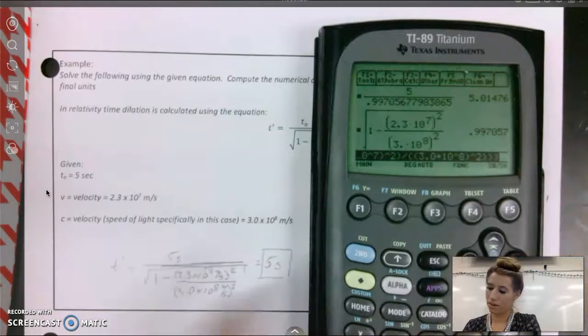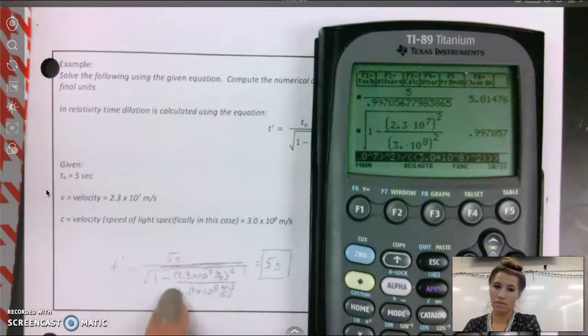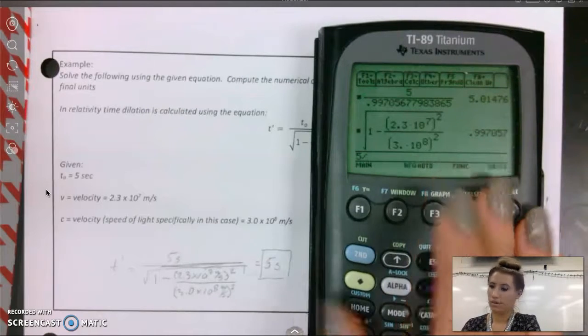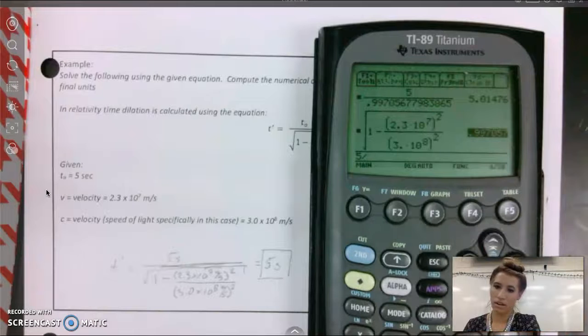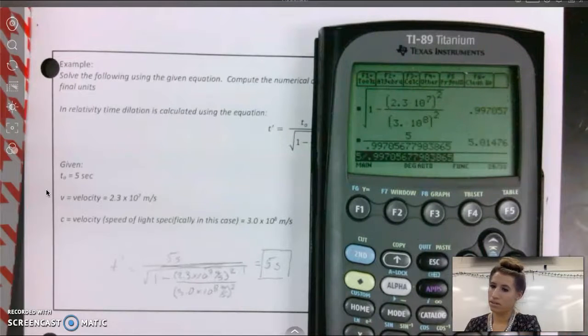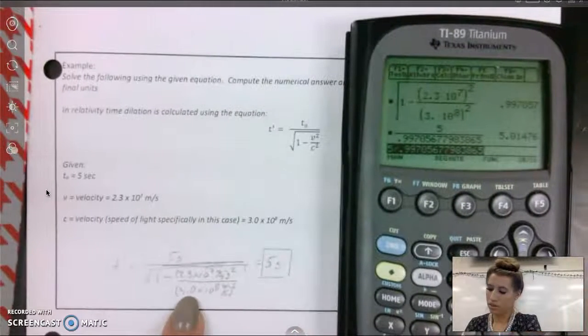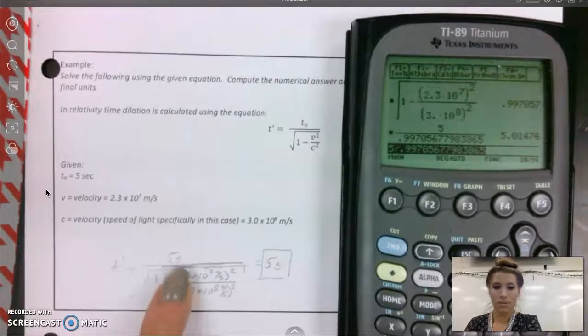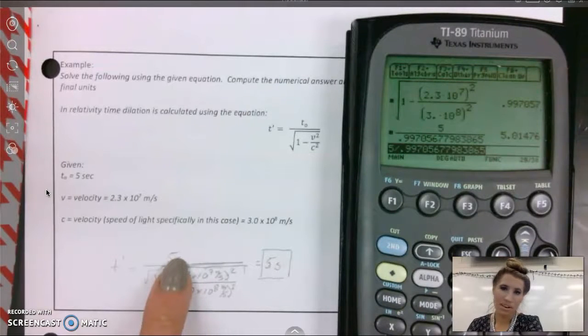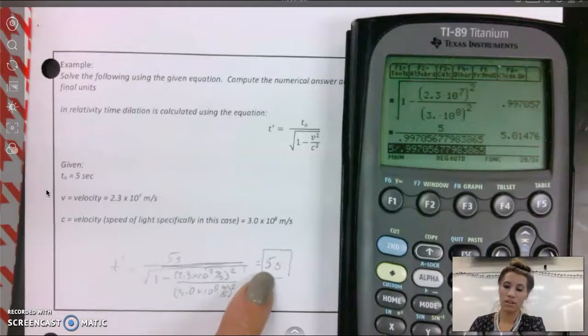And so now I've figured out the bottom. Let's take 5 divided by that value. Okay, so 5 divided by this, which gives us 5.01. But what about sig figs? Well, we have 2 sig figs, 2 sig figs. We only have 1 sig fig. Man, that's not a very precise measurement, and so our final answer is not very precise either.